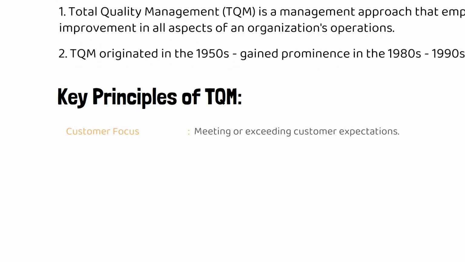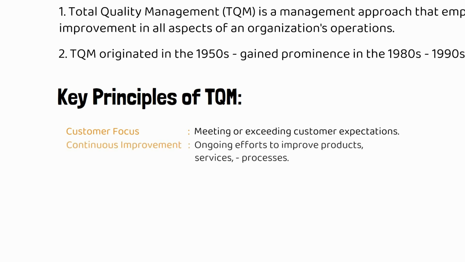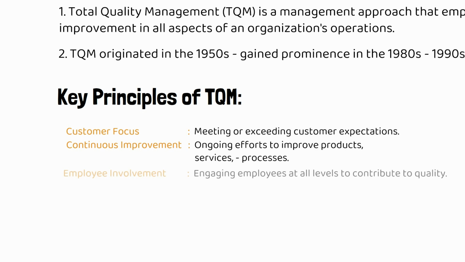The first is customer focus, meeting or exceeding the customer's expectation. The second is continuous improvement, which is ongoing effort to improve product, service, and process. The third is employee involvement, which is engaging employees at all levels to contribute to quality.